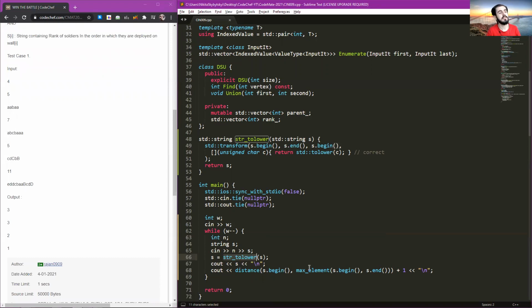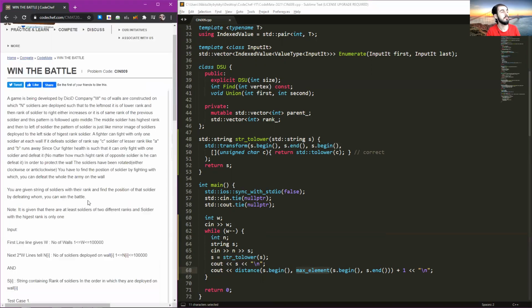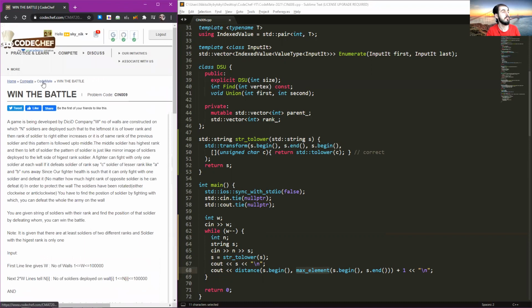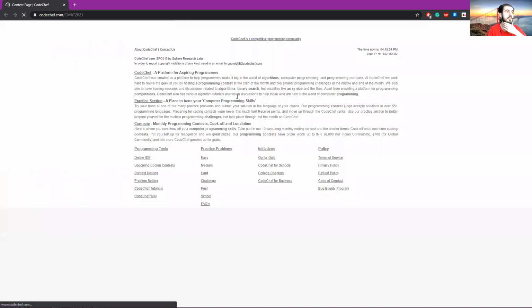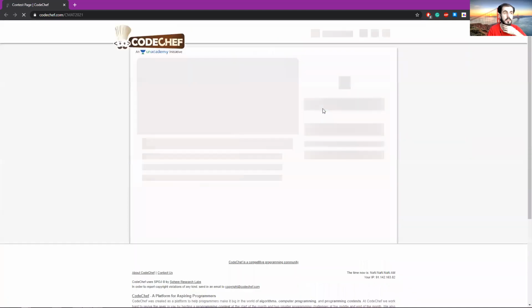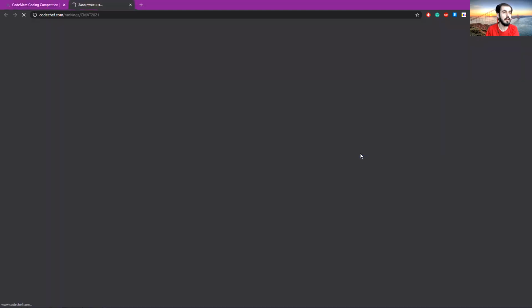Why is it not the max element? I don't understand. Do people actually solve it, or is there some bug? Yeah, okay, but how to solve that problem? I don't understand.